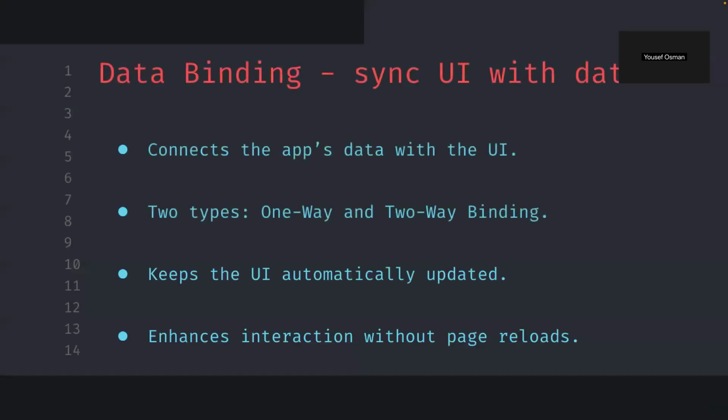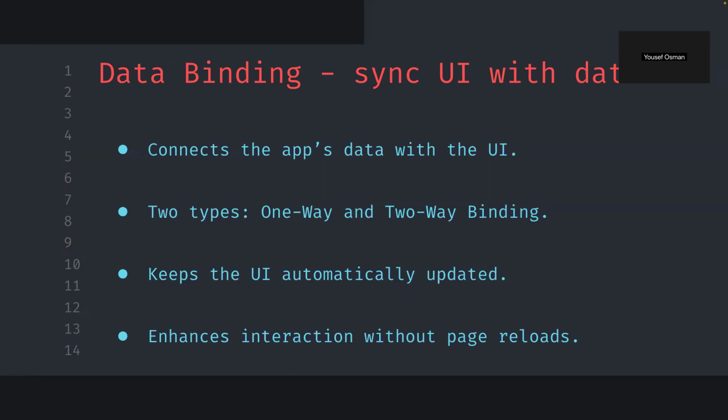So the second core principle of Angular is data binding. It basically synchronizes the UI that you see on the screen with the actual data that you have in the code, right? So if something changes in our data, the UI changes as well, or if the UI changes, the data changes as well.